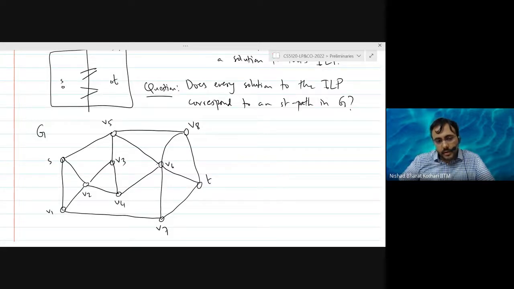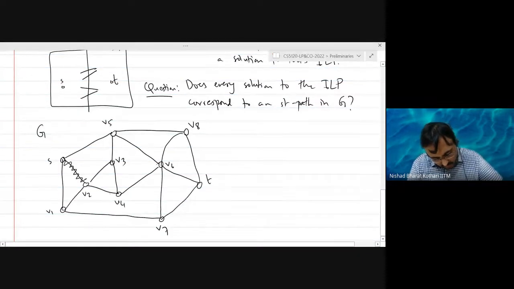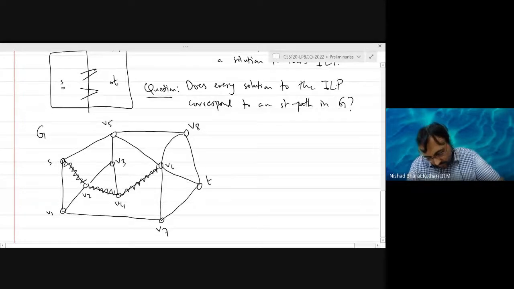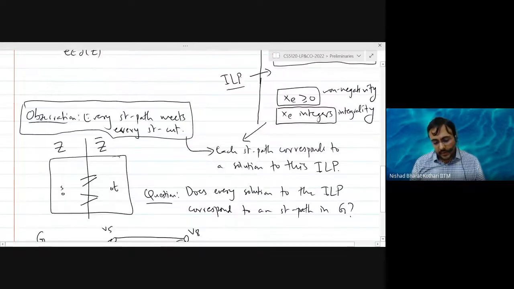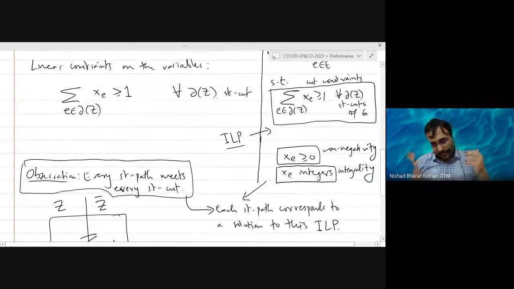So let's say we choose an ST path. Let's say we choose some edges like this. And definitely this gives you a feasible solution. You put ones for all these edges, these are your one variables, and all the other edges correspond to zeros. Right? And then as we observed, this has to be a feasible solution to your integer linear program.